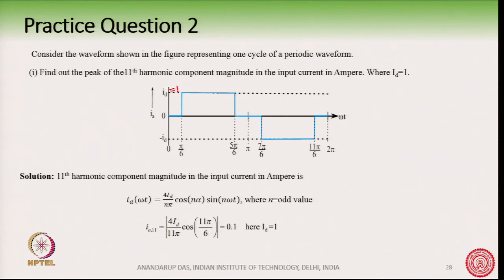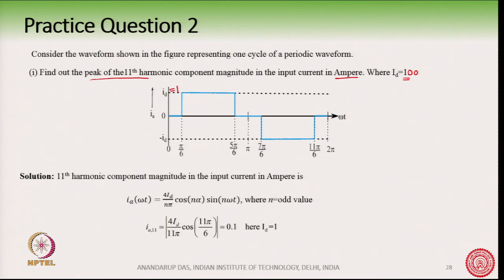What is the peak of the 11th harmonic component magnitude in the input current? This is 1 per unit, although I have said ampere. You can take any value, it may be 1, it may be 100 also, so it is in ampere.